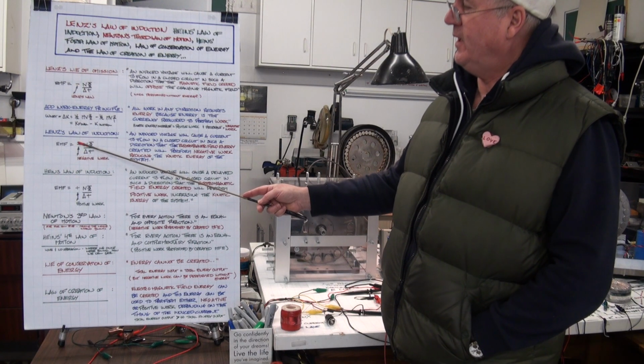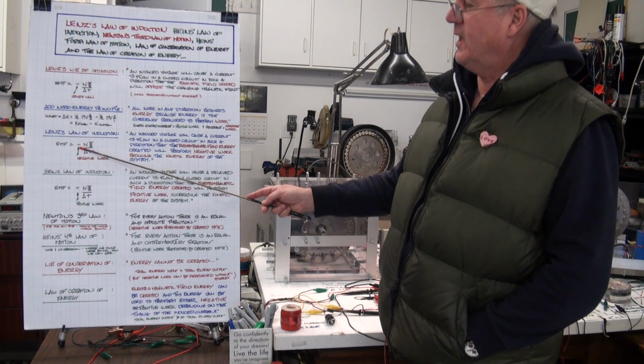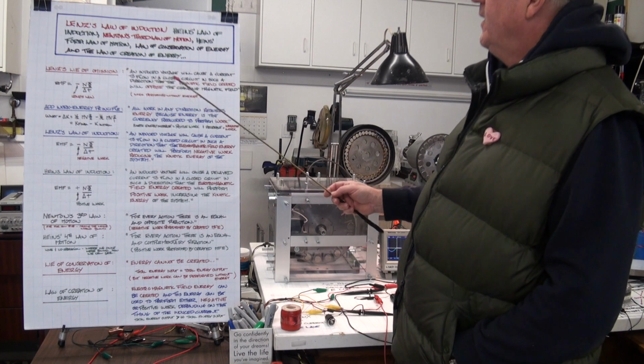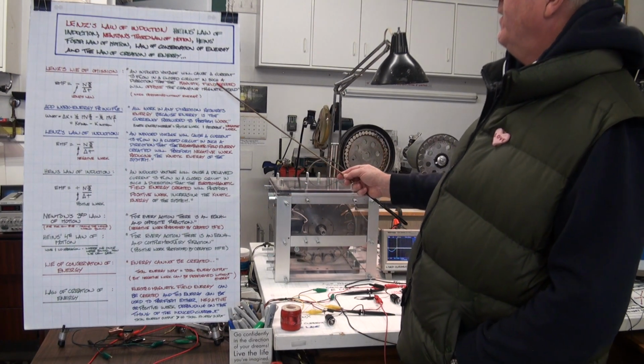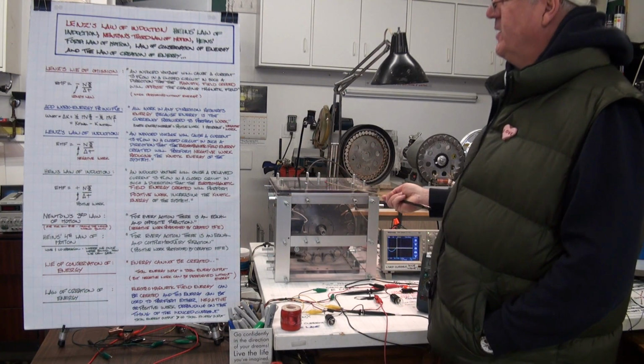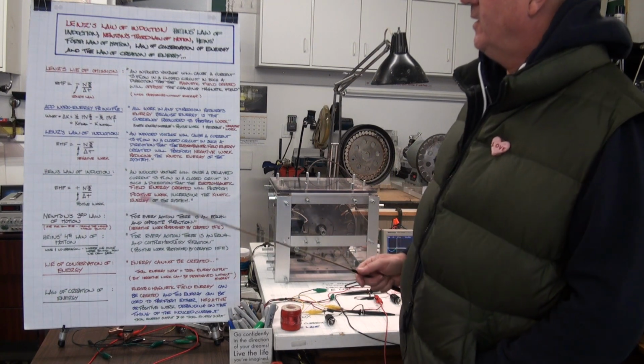So the minus sign in Faraday's law is actually negative work being performed by the magnetic field energy that's created. And we're going to see that in this prototype in a second.